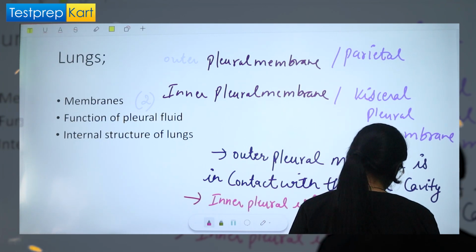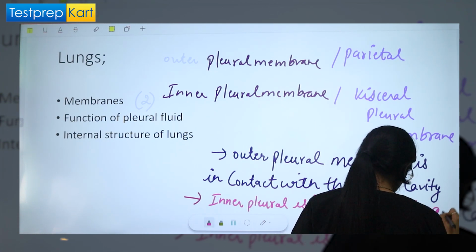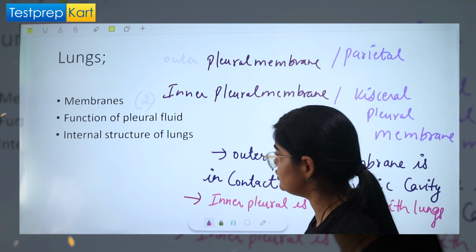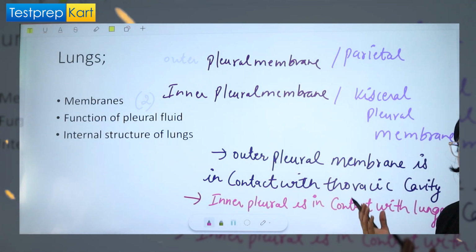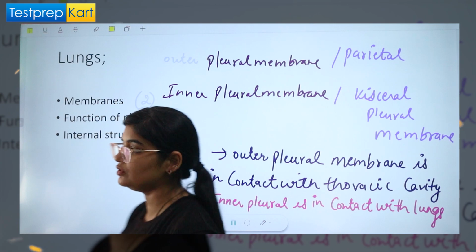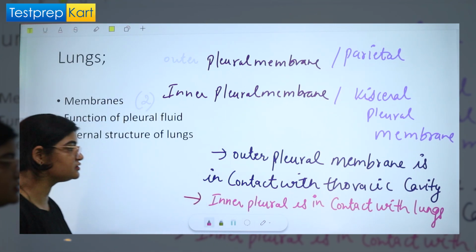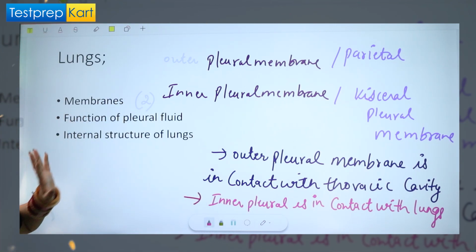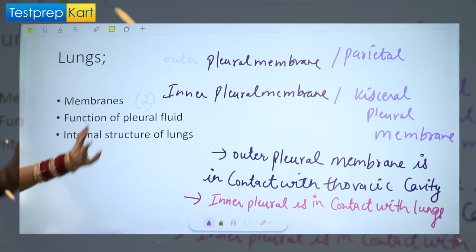So these are two points which are asked in examination: out of the two pleural membranes, which is in contact with the thoracic cavity, and which is in contact with the lungs. So this is all about the membranes which cover the lungs.